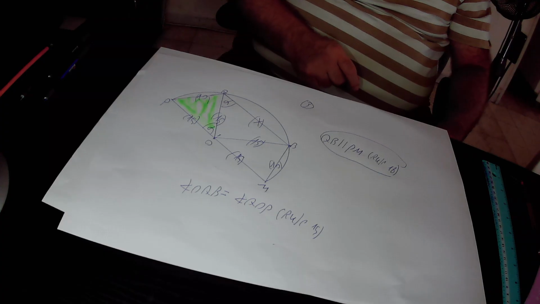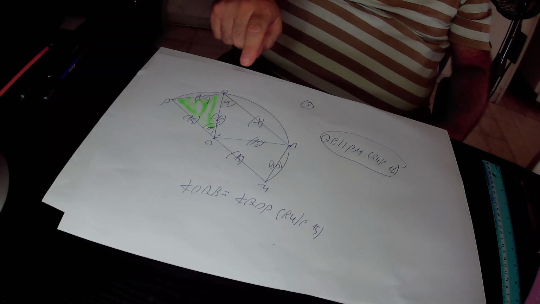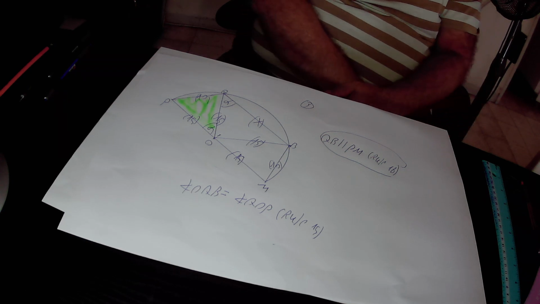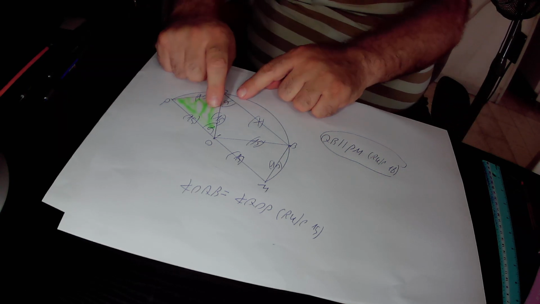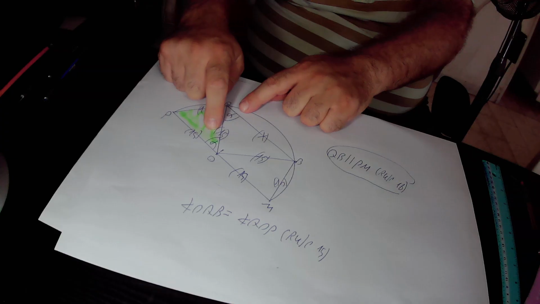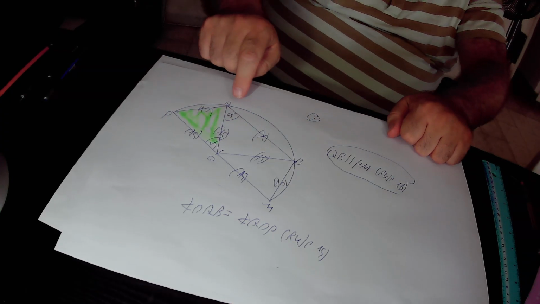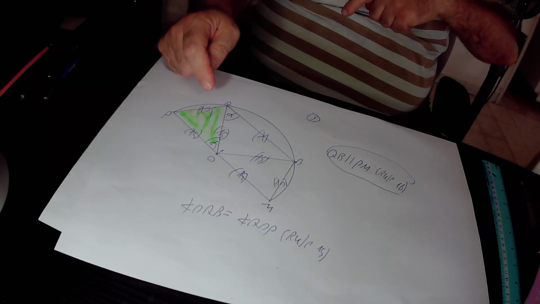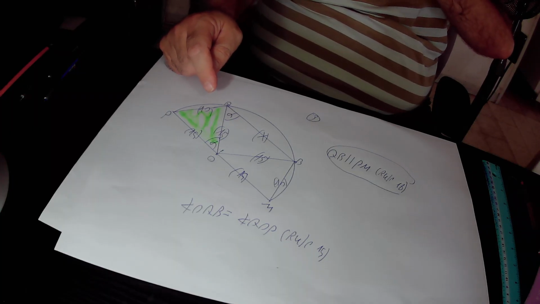We have already found out that according to rule 18, QB is parallel to PM. Those two angles are defined as alternating angles, and they are located between the parallel lines QB and PM. And therefore, according to rule 15, they must be equal to each other in their sizes.